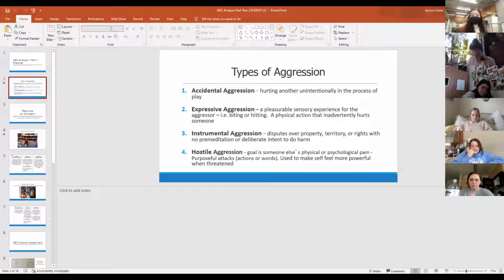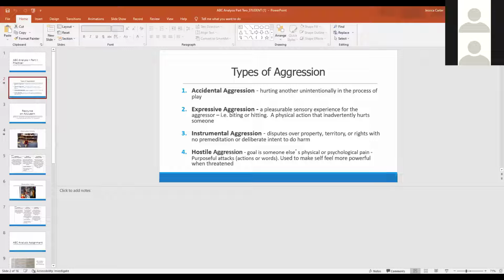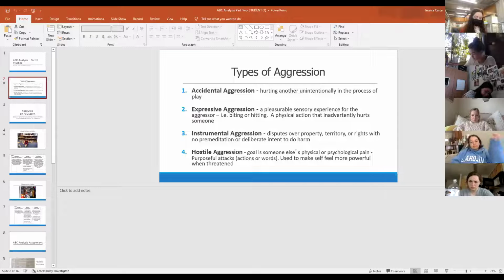Hostile aggression is kind of not that. Hostile aggression is coming from a place of malintent toward others, and the goal there is to inflict pain. So again, when we look at the range of typical aggression for young children, instrumental aggression, yes, happens often, and our job there is to support children in developing skills to replace that aggression.